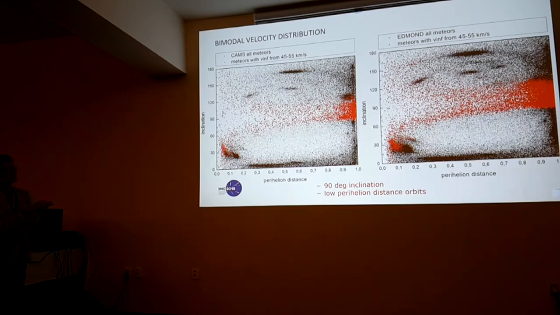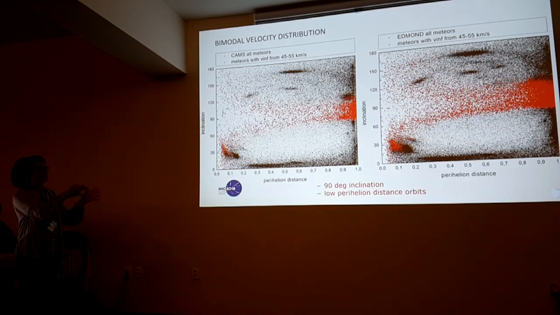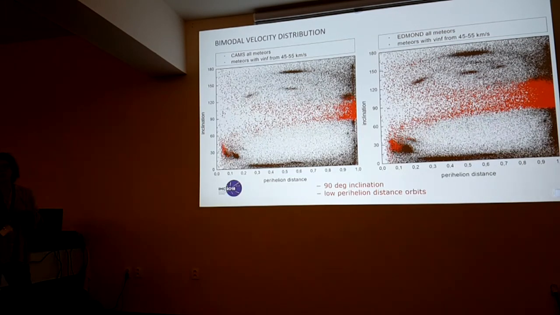We speak about meteors with low perihelion distances: when we observe those and get an error in the velocity which moves the velocity to the gap value, the orbit will be attributed to an orbit with low perihelion distance. So it could make an enhancement of orbits with low perihelion.